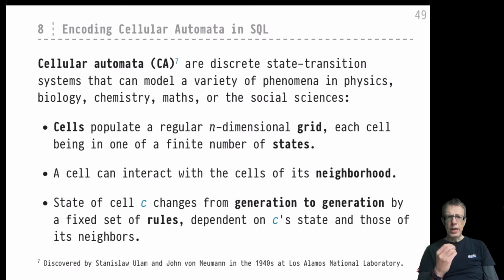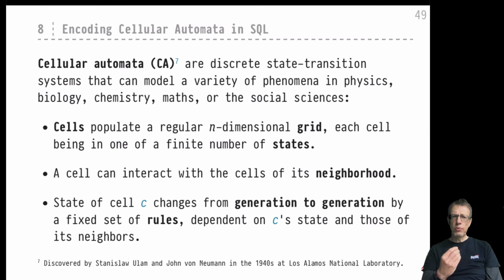What is the neighborhood of one particular cell? Of course, in the neighborhood of one cell, we find other cells. And the cellular automaton will have rules that describe how these neighboring cells impact our cell in the middle and how that cell in the middle impacts all the cells in its neighborhood.